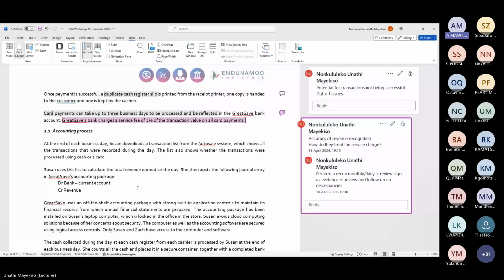For example, you'd be at a till, you swipe your card, and you get your receipt to see that the transaction was successful. We're not referring to that. We're talking about when it physically reflects in the bank account. Oh, okay.